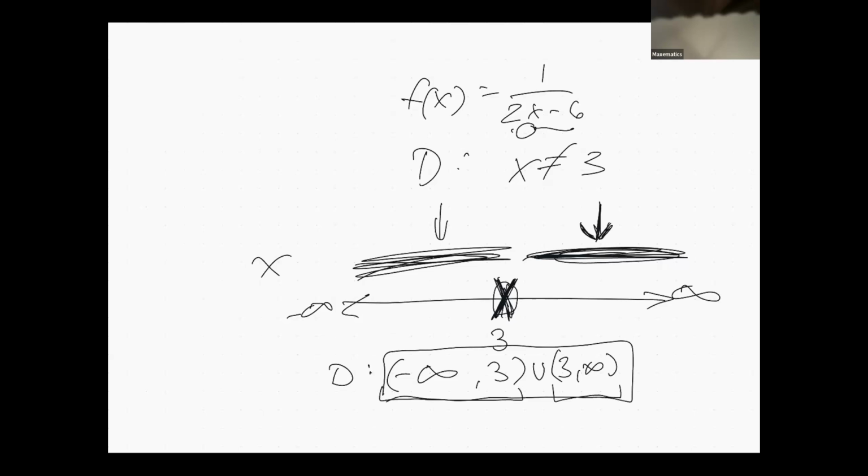And that's all it is, right? It includes everything except 3, which is not included on either side of 3. So that's how domain is going to work. I'm going to come back and do one example when we get to other cases, but in general, this is the thinking here. Okay, let's go back to the presentation.